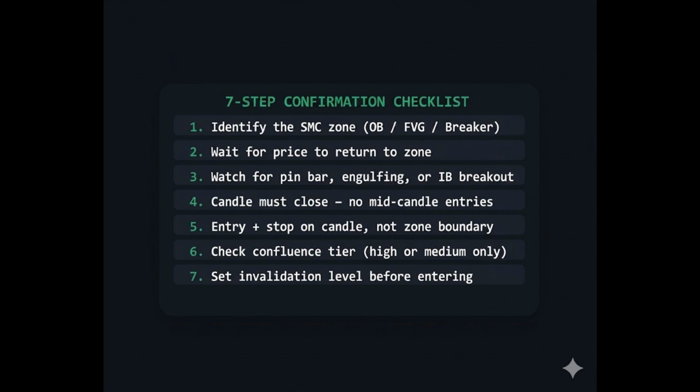Confirm the candle closes, no mid-candle entries. 5. Place entry and stop according to the confirmation candle, not the zone boundary. 6. Check the confirmation hierarchy. Is this a high, medium, or low confluence setup? Only trade high and medium. 7. Set the invalidation level before entering.